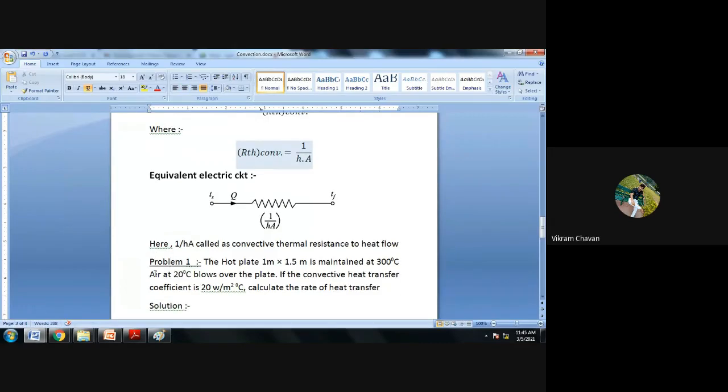Then the problem number 1, write down problem number 1 so that it will be clear how to apply Newton's law of cooling.